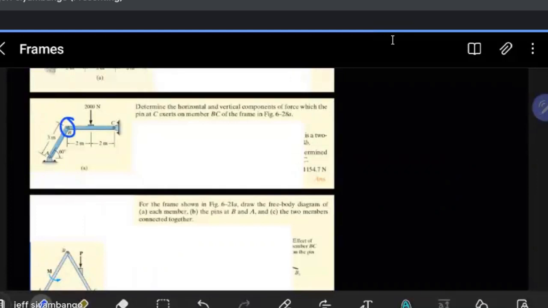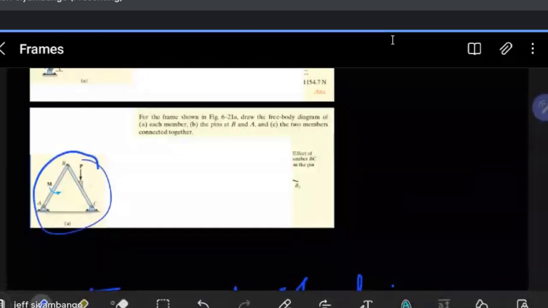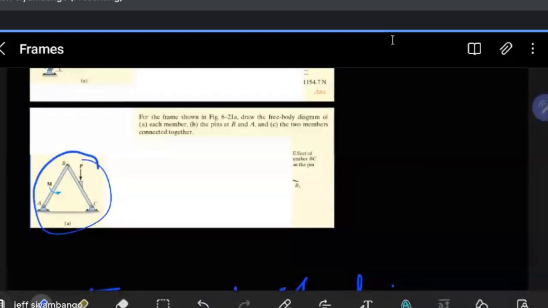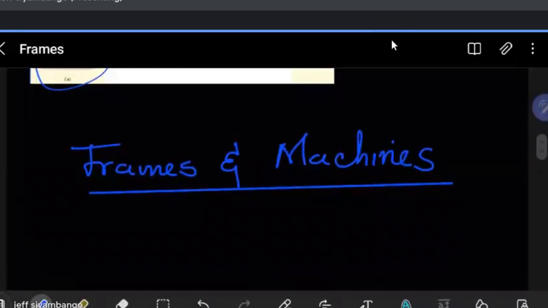So they're members which experience multiple forces and they are connected by pins. So this is what we will be analyzing in this topic. You can see it's the same thing here. And what we want to see is how do we first come up with free body diagrams for such structures? And then next up will be how do we actually find forces acting at specific points using the same conditions of equilibrium. So this is what we're going to be looking at.